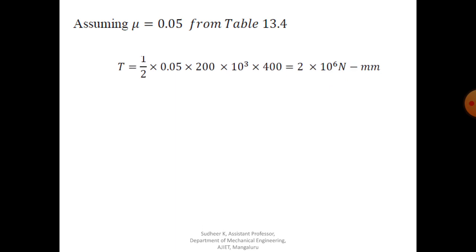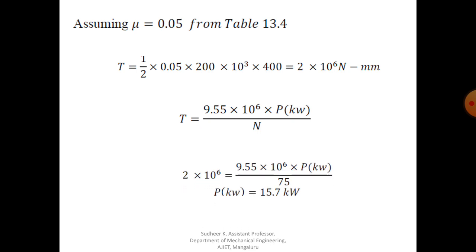Now you substitute all the values, so you will get the torque as 2 into 10 to the power 6 Newton millimeter. Now you know the relation between power and torque. Torque is given by 9.55 into 10 to the power 6 into P in kilowatt divided by N, where N is the speed in RPM. P you will always get in terms of kilowatt.